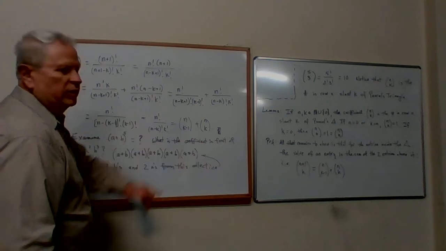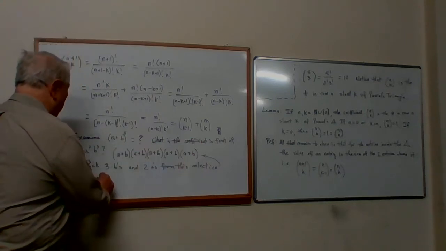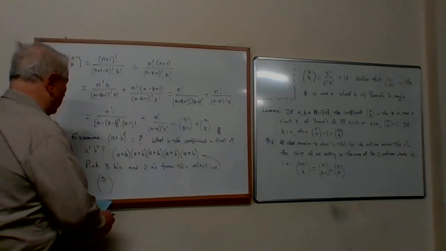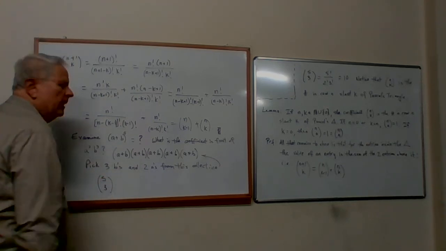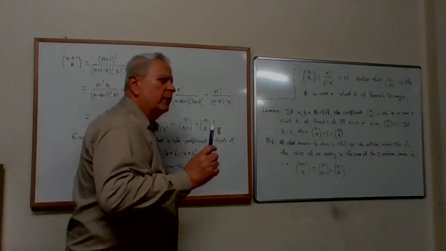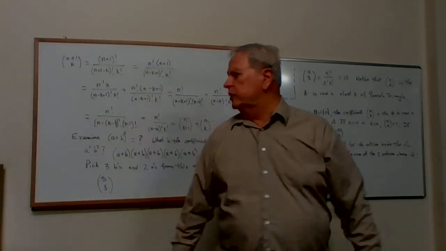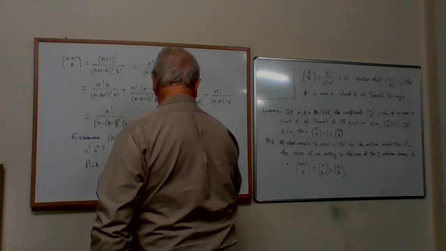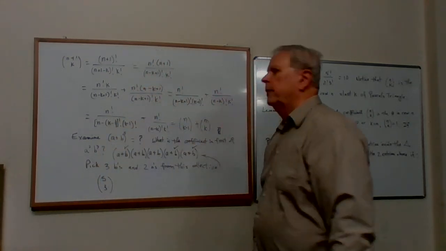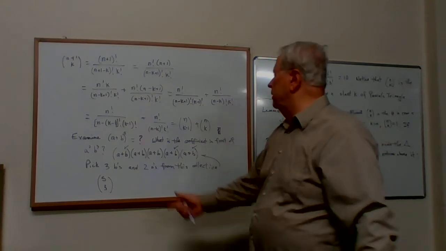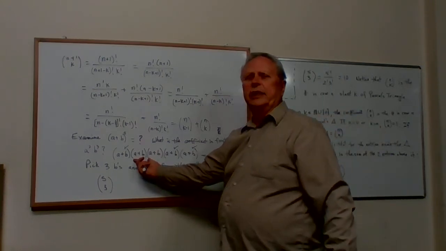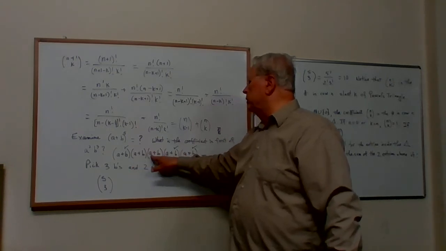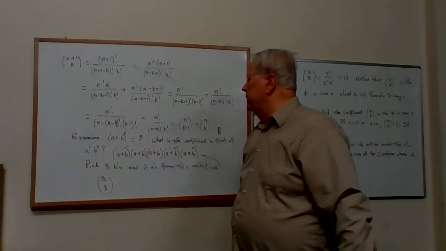There are 5 boxes here, and I want to choose the 3 B's. Now notice, once I've chosen the 3 B's, say I take this one, and this one, then there are only these 2 ways of choosing the A. And the order is the same if I pick this one first and then this one, or this one first and then that one.